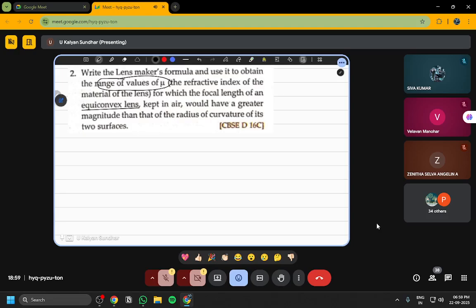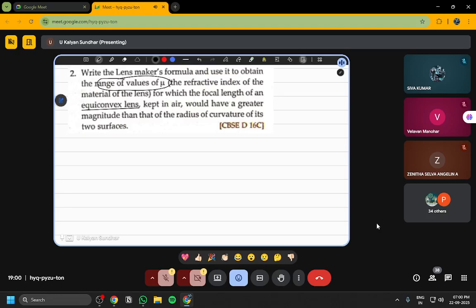How can we find this out? The range has to be such that the focal length of the equiconvex lens should be greater than the magnitude of the radius of curvature. So they are asking what the mu value should be.